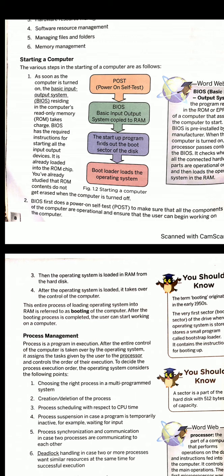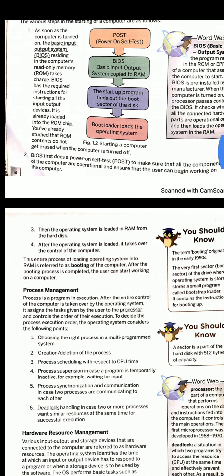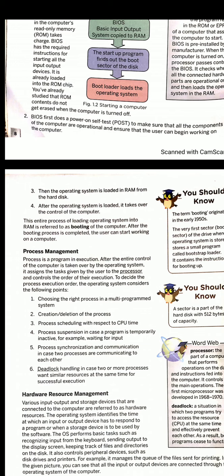Everyone knows the hard disk is where the data is stored, where we can store our files, whatever pictures, audio, video in the computer. So from the hard disk, where we store all the software content, we load the operating system to RAM. Then the operating system is loaded and it takes over the control of the computer.